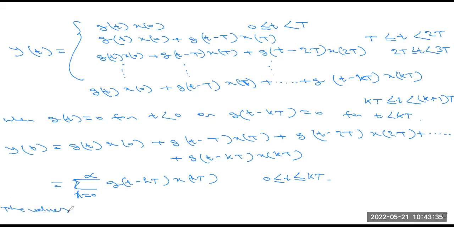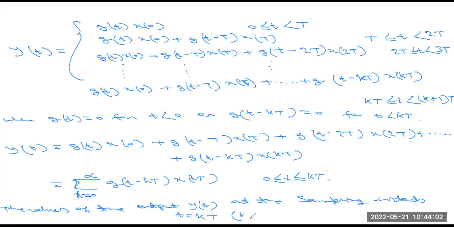So this is the output, the values of the output y(t) at the sampling instants, that is t is equal to kT, where k changes as 0, 1, 2, dot dot, up to infinity.